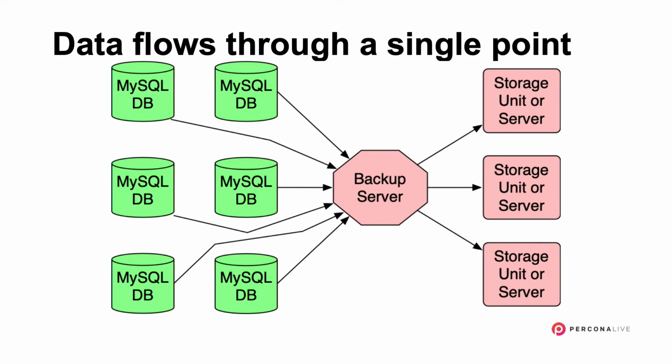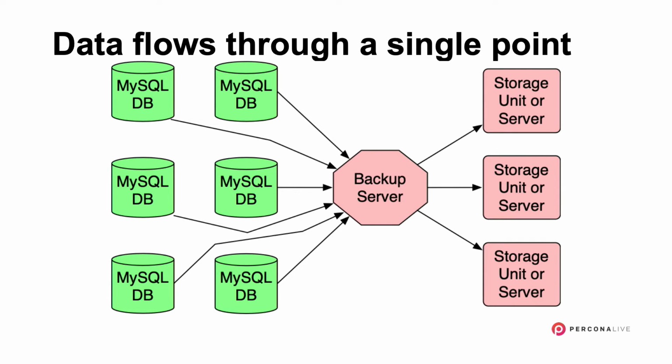So the next idea that we didn't do is when the data flows through a single point. Often what people do is that they have a backup server, so to say, and then that backup server coordinates a group of storage servers, right?